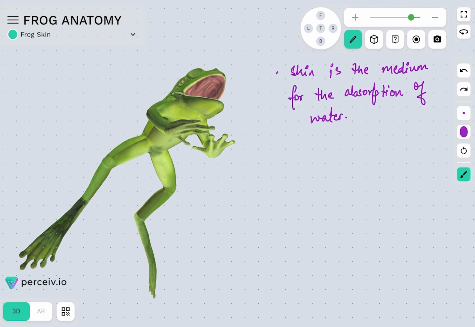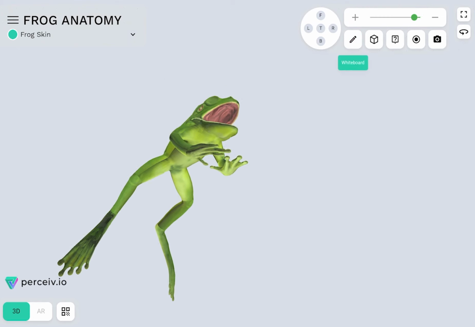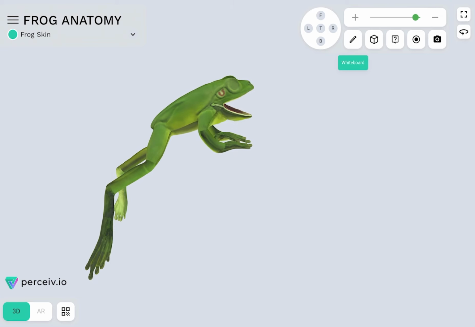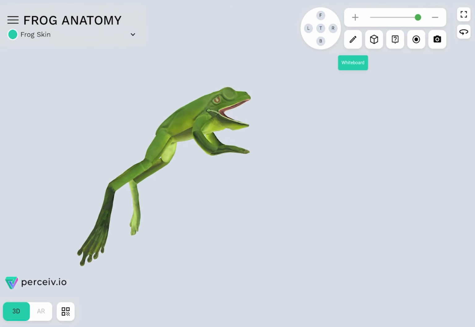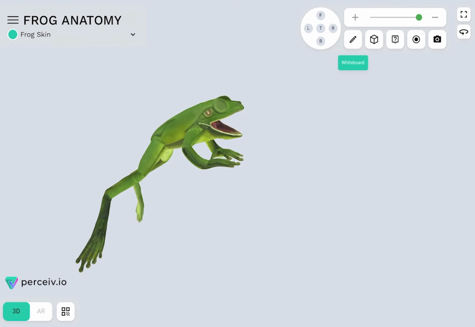All right, now we will talk about the different body parts of the frog. For that we need to flip this model this way.